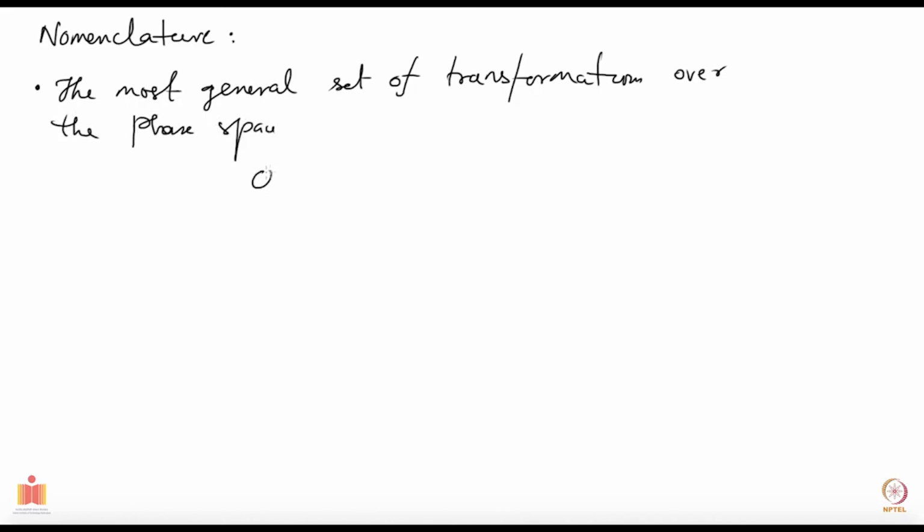Which we write as Q and P. So you go from small q and small p to capital Q and capital P. So you are able to write them as such functions, where Q and P denote a set of Q's and a set of P's, and these are called, sorry, these are called contact transformations.